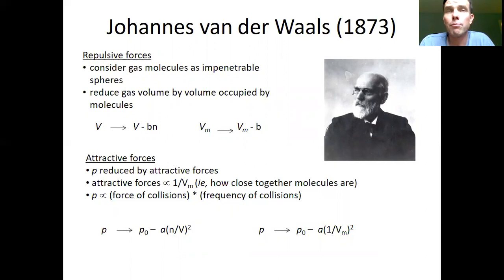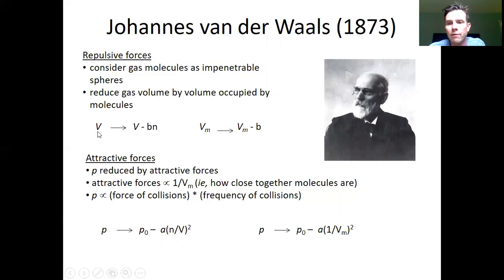We need some way to describe both these repulsive forces and attractive forces that molecules can experience. And so what Johann said was that he was going to consider gas molecules as impenetrable spheres, right? So the molecules themselves are now taking up volumes, and I've got to reduce the gas volume by the volumes the molecules themselves occupy, right?